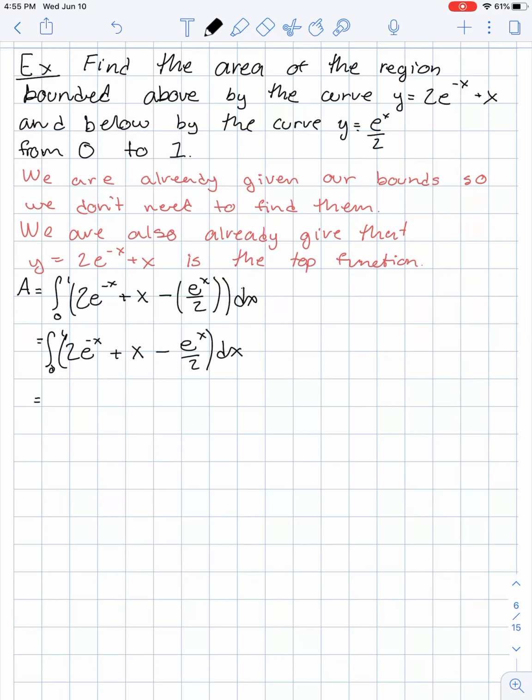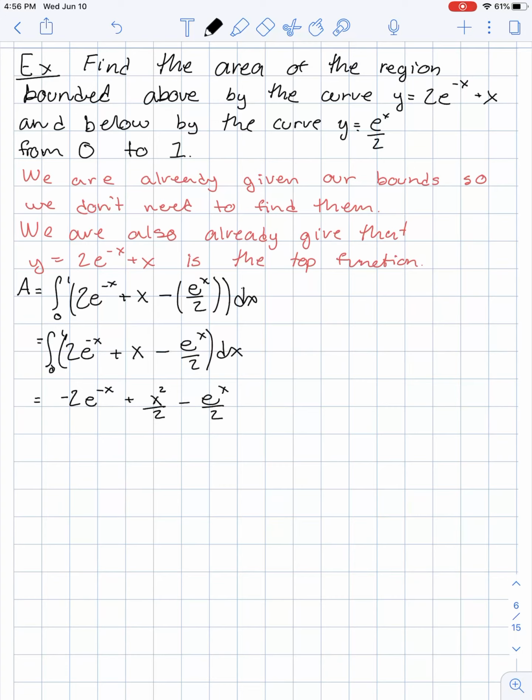So the antiderivative is going to be negative 2e to the negative x plus x squared over 2 minus e to the x over 2.